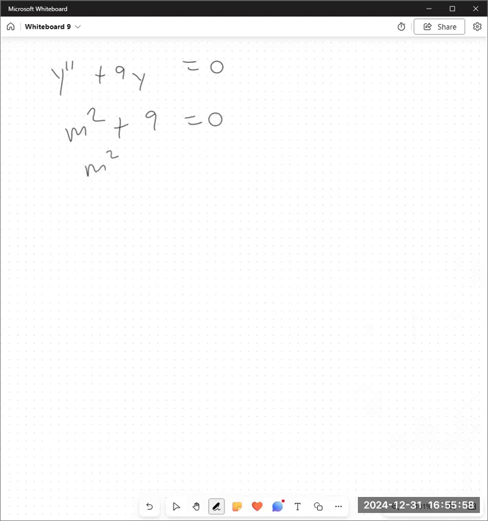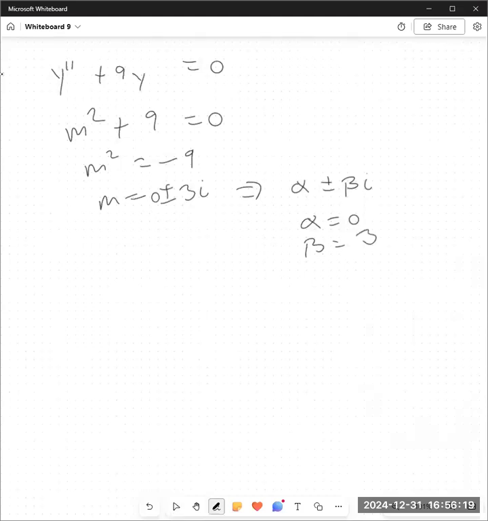So m squared equals negative 9, and m is equal to plus or minus 3i. I'm going to put a 0 there to be explicit, because I'm going to think of it as alpha plus or minus beta i, where my alpha in this case is 0, and my beta in this case is 3.